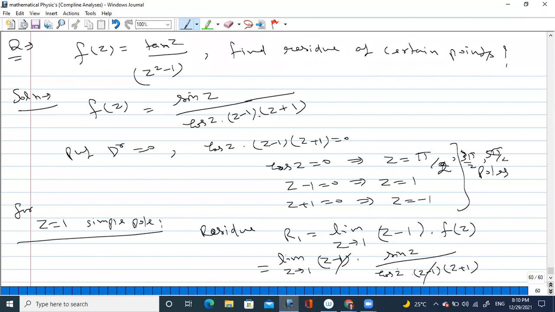So it will be sin 1 divided by cos 1, and this will become 2. So answer will be 1 by 2 tan 1. So this is your residue R1, 1 by 2 tan 1. Note down this.